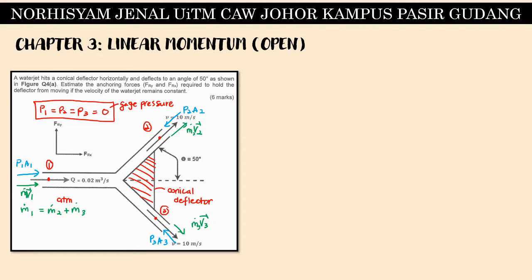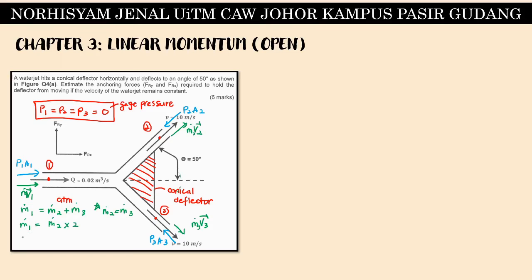Okay, since both of them have the same angle, 50 degree, and the velocity is the same here, this is 10 meter per second, this is also 10 meter per second, we can assume that m dot 2 and m dot 3 should be equal to each other. So m dot 2 equals m dot 3, and because of that, m dot 1 equals m dot 2 times 2.